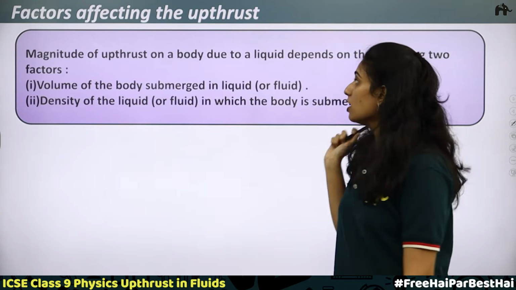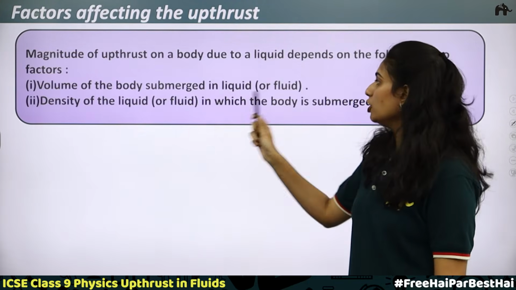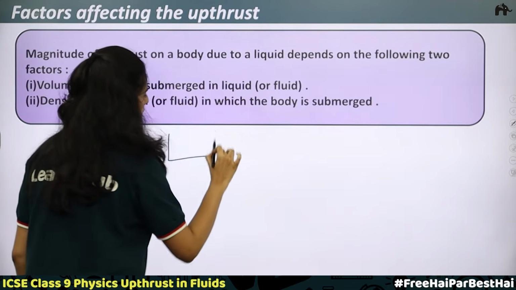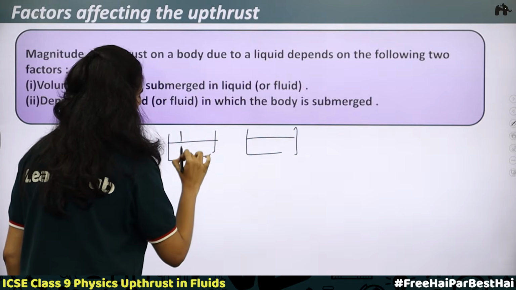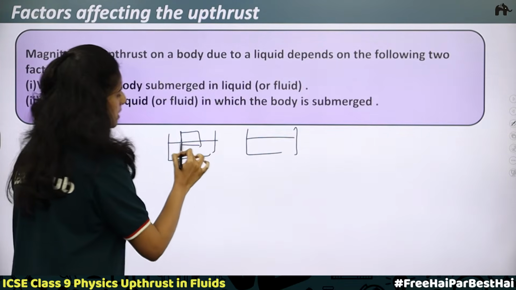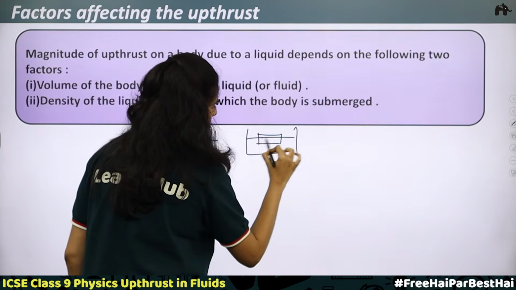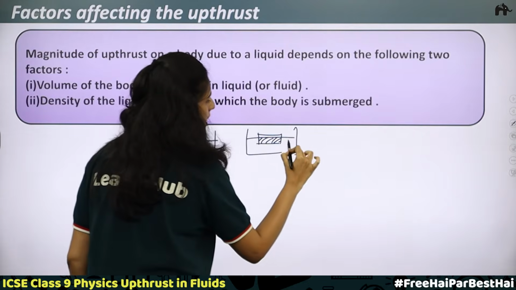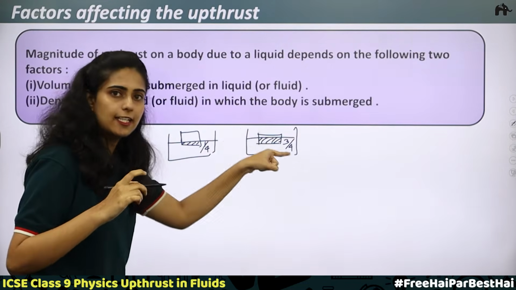The magnitude of upthrust on a body due to a liquid depends on the following two factors. First one, the volume of the body submerged in a liquid or a fluid. When you take two containers, in the first container only this much portion of the body is submerged, in the other this much portion is submerged. That is, here 1/4 is submerged and here 3/4 is submerged. The volume of the body submerged is greater in this case.